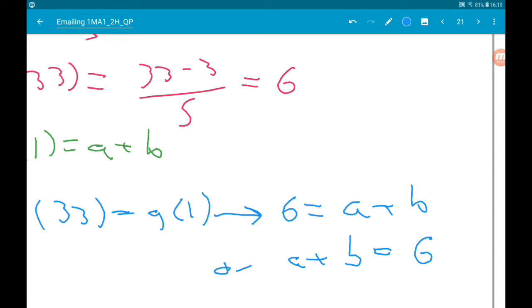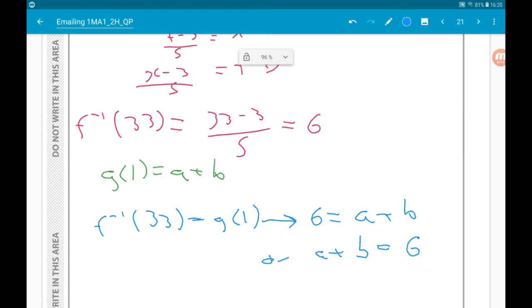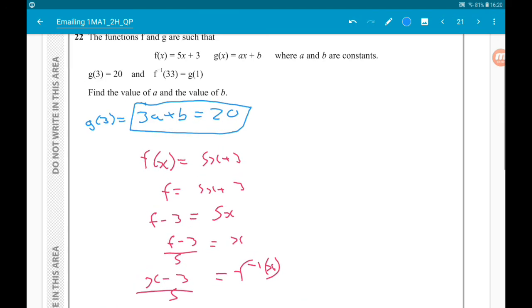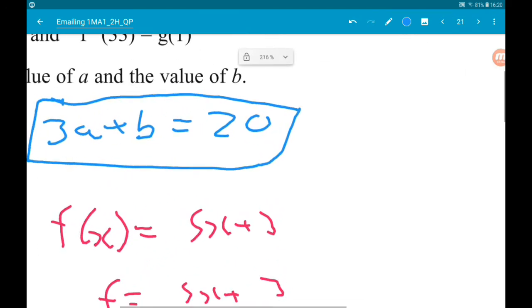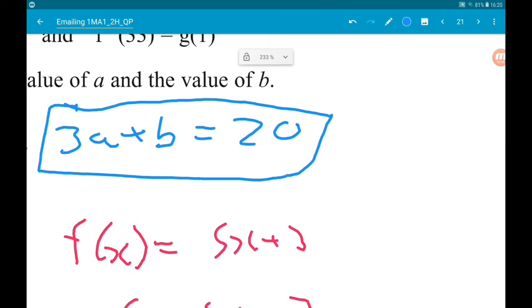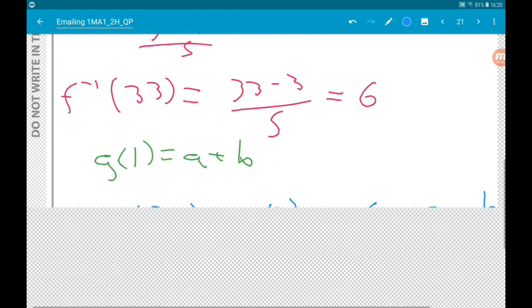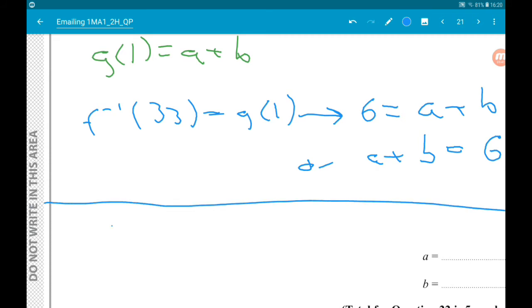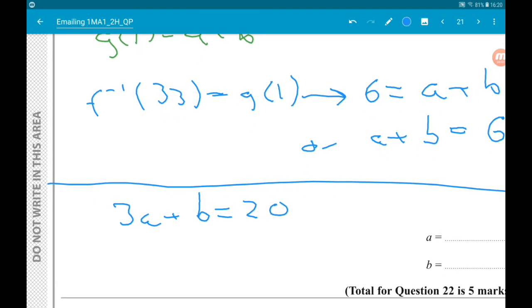So we're now done with functions. Now it's simultaneous equations. So we now know that 3a add b is 20, and a add b is 6.